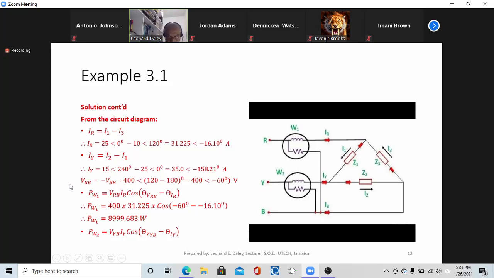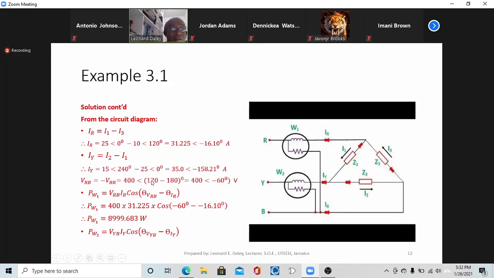Now, we know what VBR is, and we need to work out what VRB is. One way you can do it graphically: VBR is at angle 120 degrees, so VRB would be 180 degrees from it, going in the other direction. If you draw a straight line down, you end up somewhere around minus 60. But you can do it this way: VRB is equal to minus VBR.